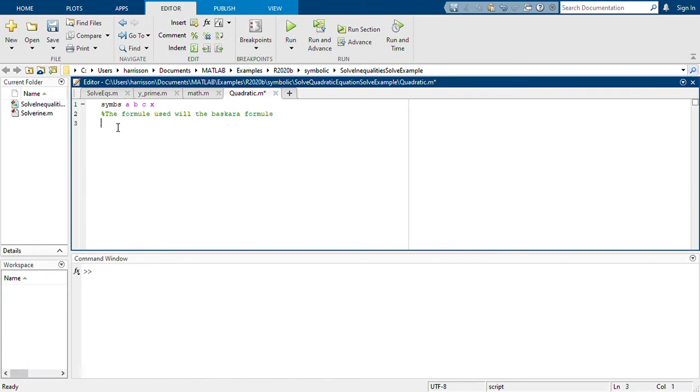So the second step is to declare the equation. The equation will be the Bhaskara formula we know very well: a x squared plus b x plus c equals 0.